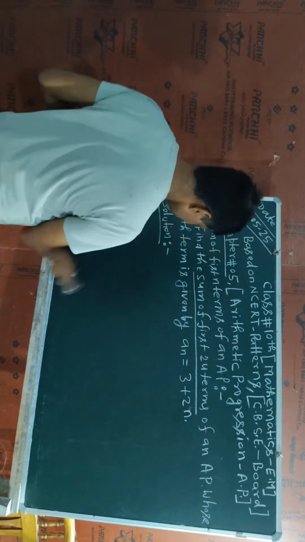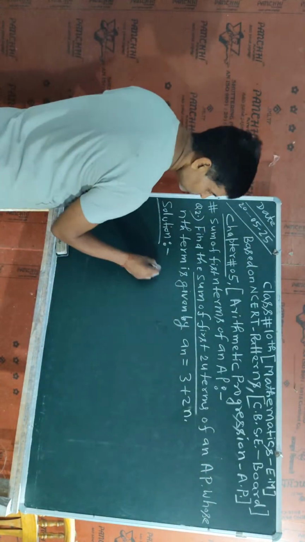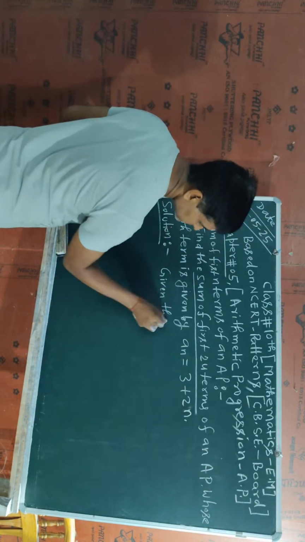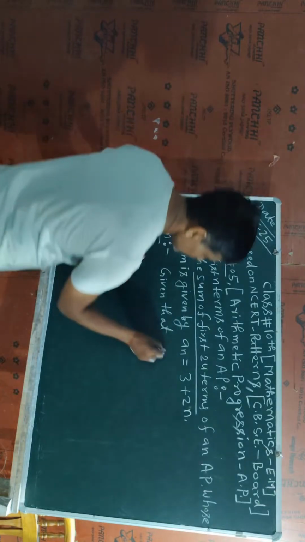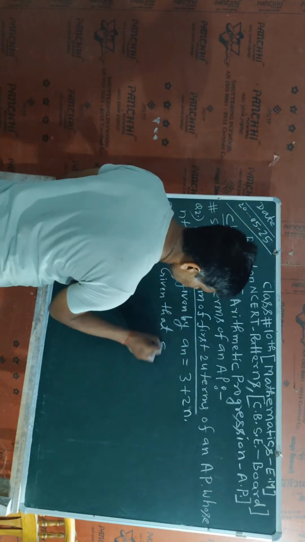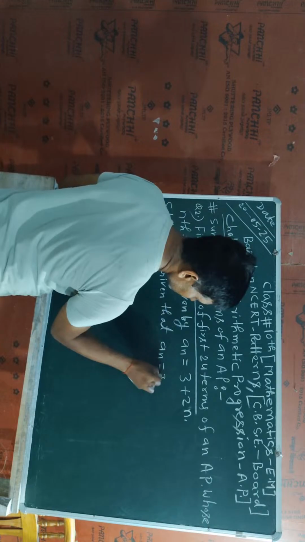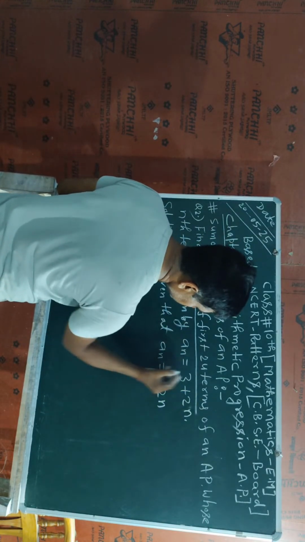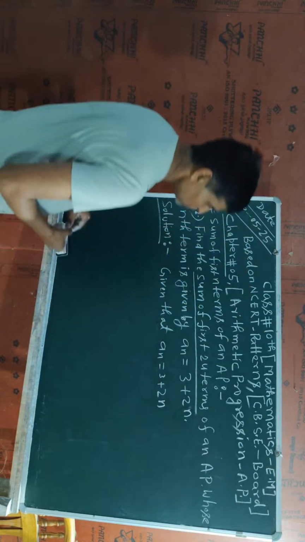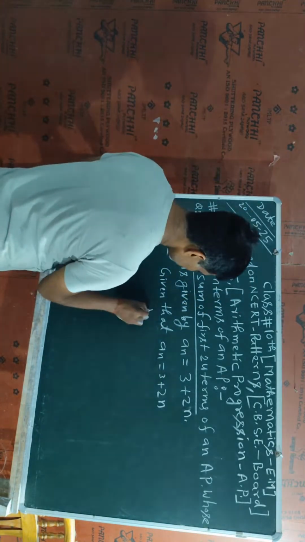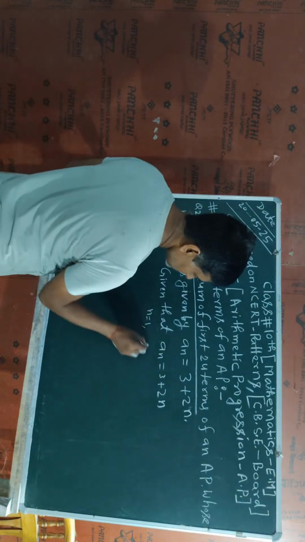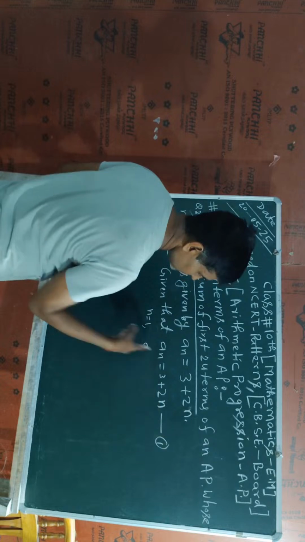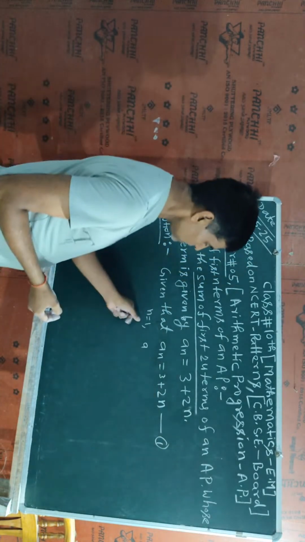According to systematically, I have to write here: given that an, the value of an is given as 3 + 2n. Now here I have to put the value of n equal to 1. I will say this is equation number 1. In equation number 1 I will put n = 1.